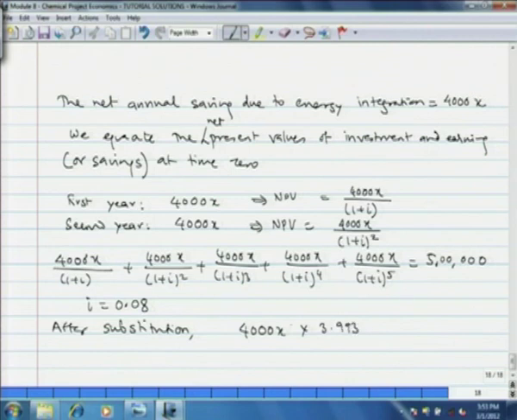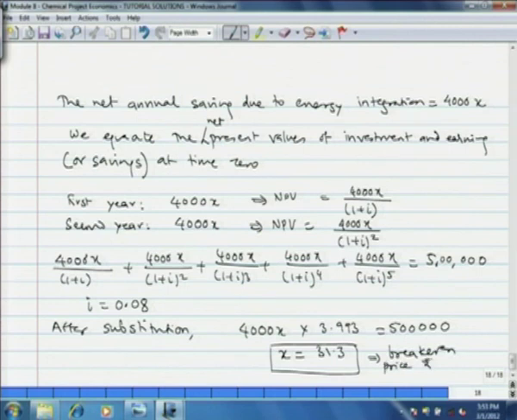This you can easily work out on a calculator, which is equal to 5 lakh, and then x is 31.3. So, this is the price of CNG at which there is no profit or no loss, or the break even price, in rupees per kg. Okay. So, that is the solution to the first problem.